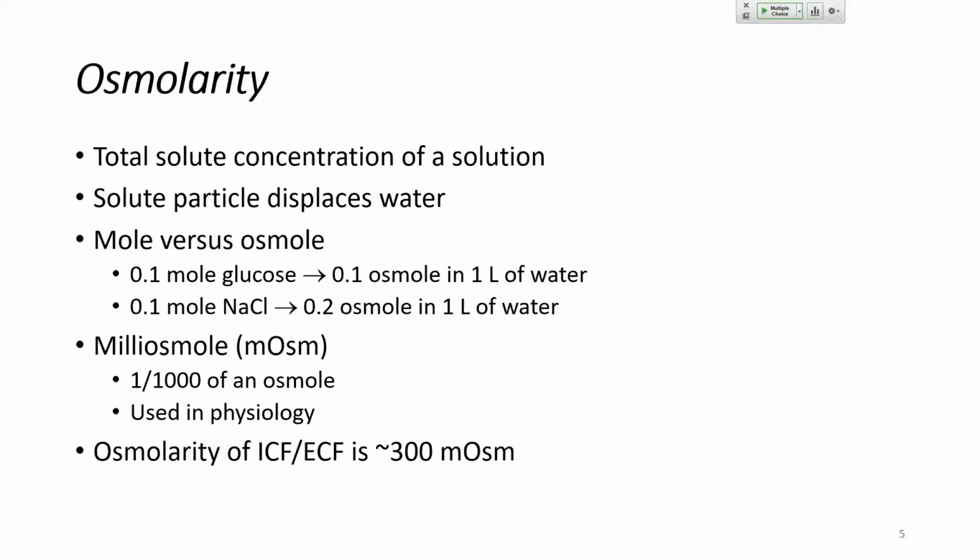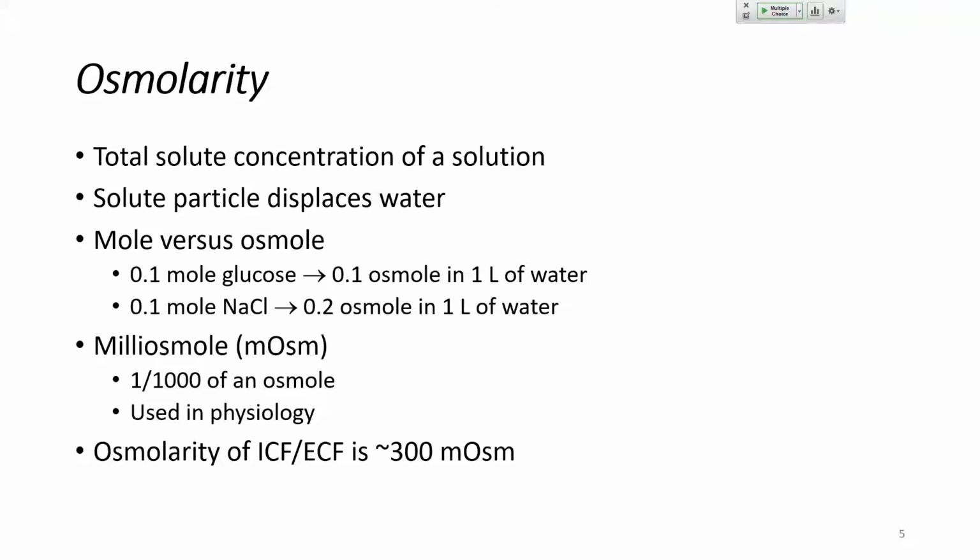Now, when we speak about the osmolarity of our body solutions, like saliva, blood, etc., we typically look at the fraction of a single osmole. So we talk about the milliosmole, like 1 in 1,000 of an osmole. And this is used to describe our body fluids, our physiology. And so we can then deduce that the osmolarity of our extracellular fluid and our intracellular fluid is roundabout 300.